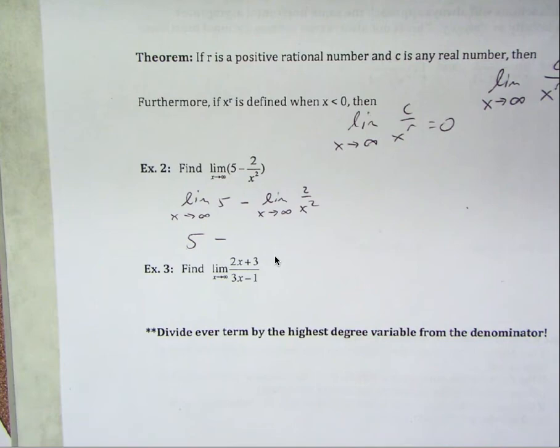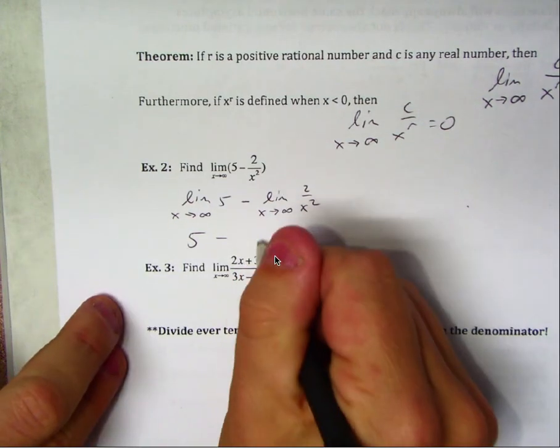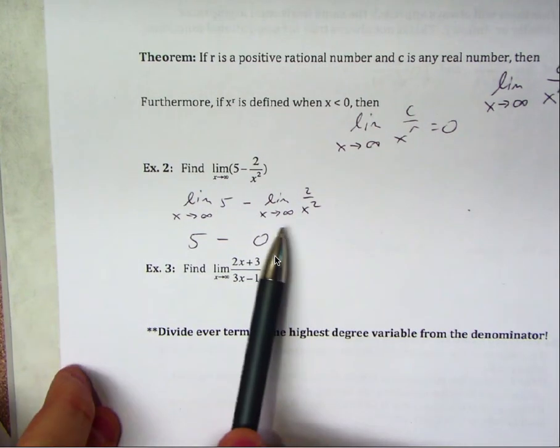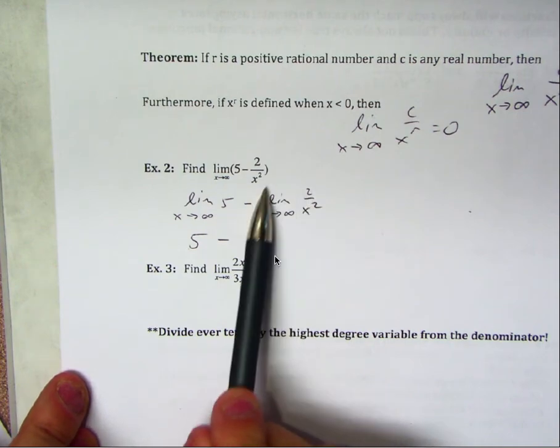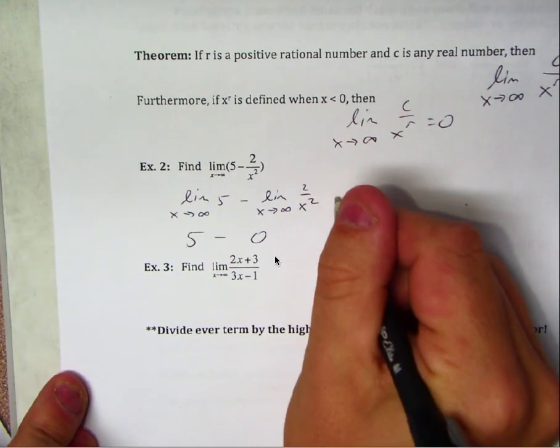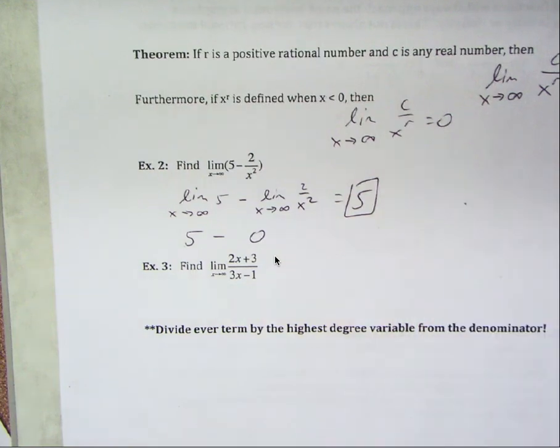Olivia, what is the limit of 2 over x squared as x approaches infinity? 0. That's using the theorem we just learned. As x gets gigantic, 2 divided by a gigantic number is getting really close to 0. So 5 minus 0 equals 5.